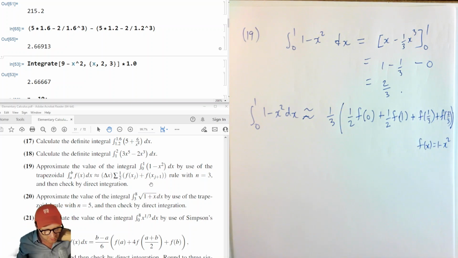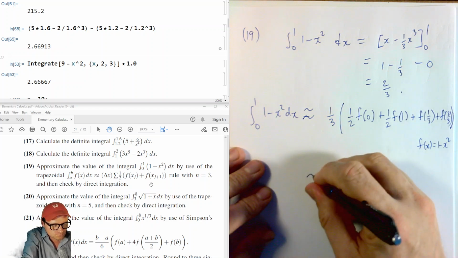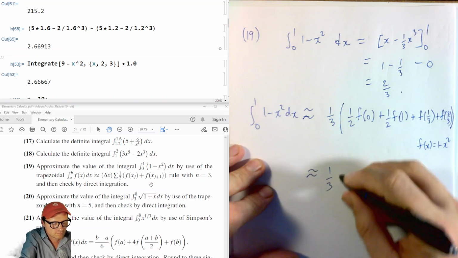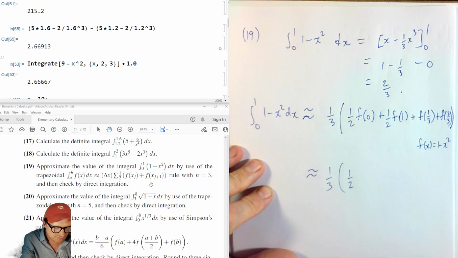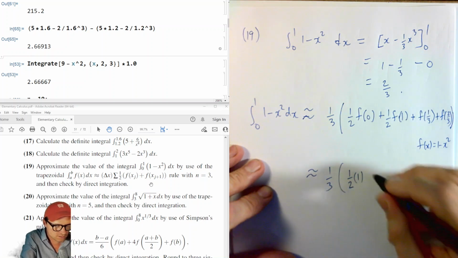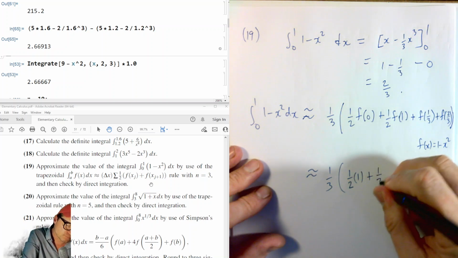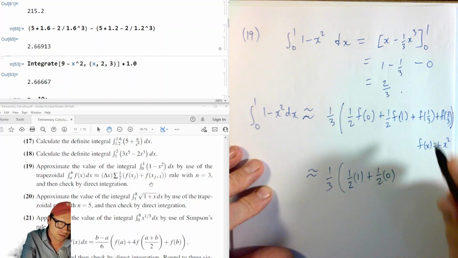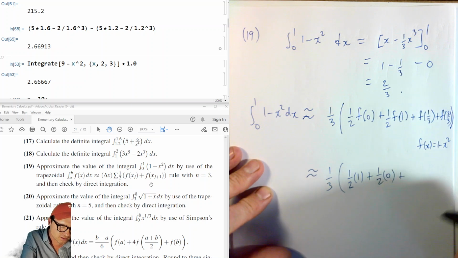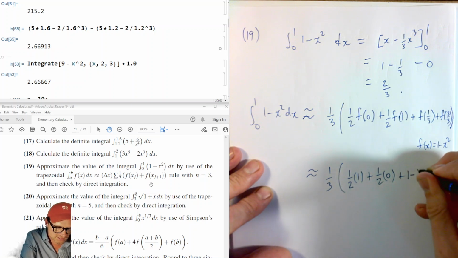So f of 0 is just 1. So we have 1/2 of 1. And then f of 1 is 0. And then f of 1/3 is 1 minus 1/9.